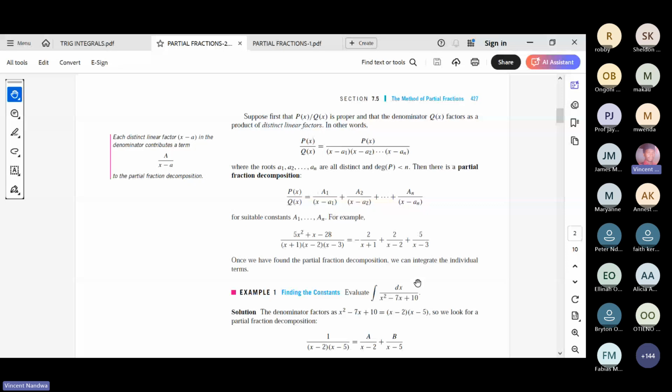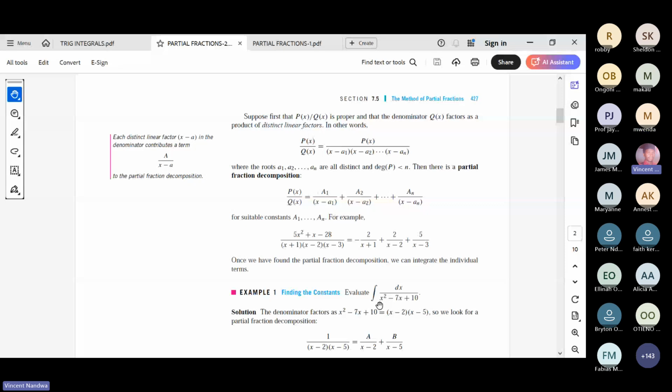And the degree of the denominator is 2. So is the fraction proper? Yes, it's proper, because the degree of the numerator is strictly less than the degree of the denominator.